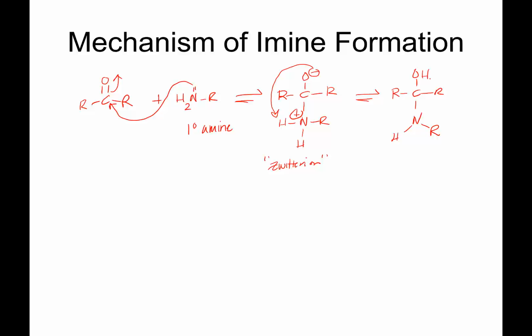But that's probably not going to happen that way. Most likely, the O- of one molecule is going to take the NH+ from another molecule. It's not going to wrap around; there's not enough space for that. But the molecule is going to go back to being neutral. Remember, there's no acid in this case.